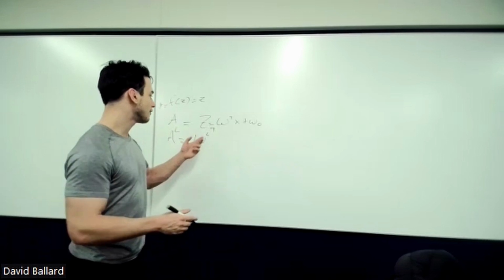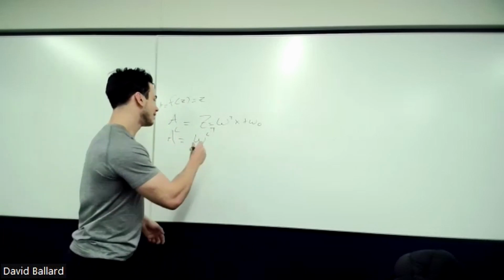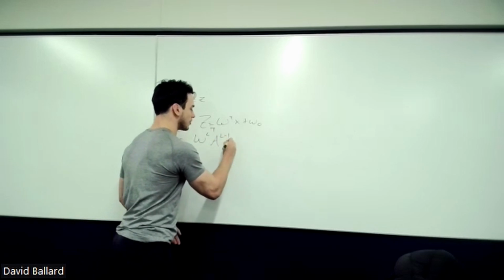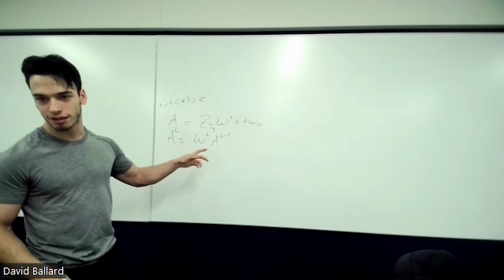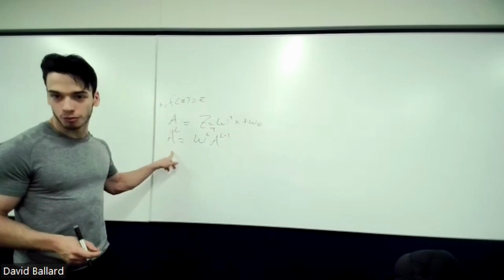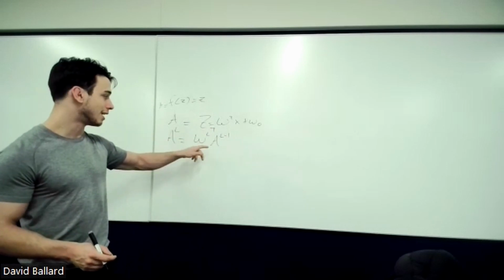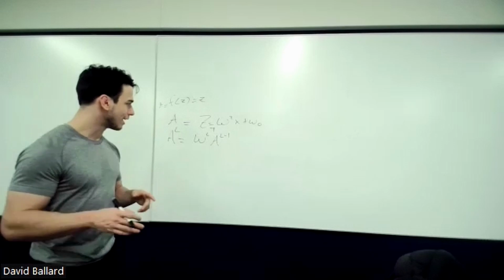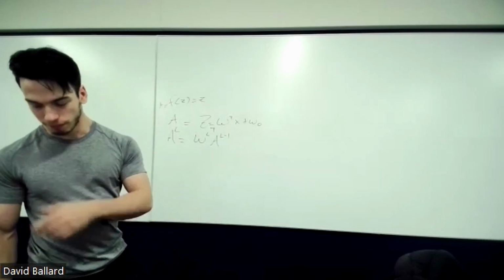So for WL, the input is AL minus 1. For the first layer, the input is A0. So A1 would be W1 transposed times A0. That's why X is pretty much the same thing as A0.